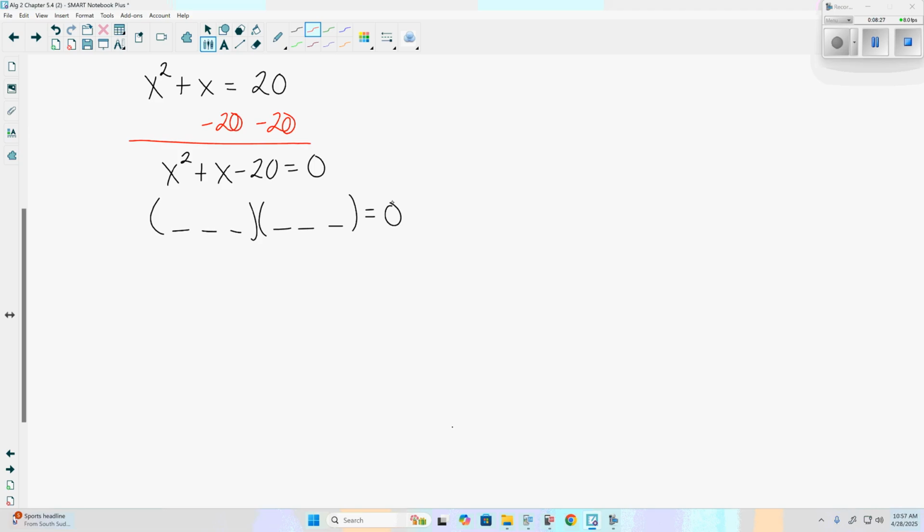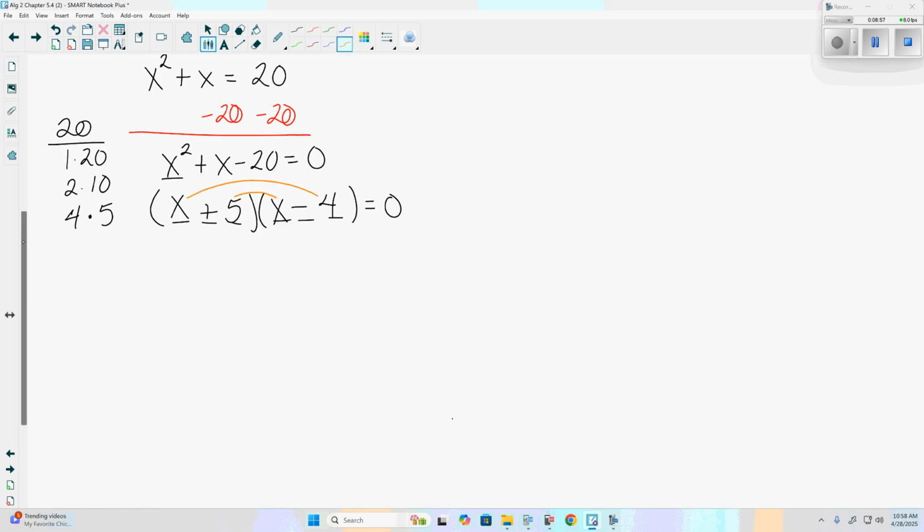Since the 20 is negative, our signs are going to be opposite. The only factors of x squared are x and x. Our factors of 20 are 1 and 20, 2 and 10, 4 and 5. 5 and 4 are the ones we want, and since it is positive, we probably want the 5 to be the positive number.